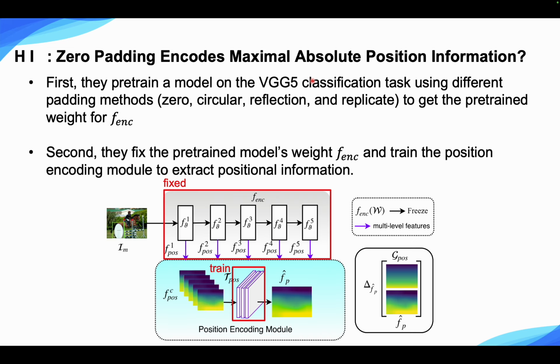The method is that they first pre-train a model on the VGG16 classification task using different padding methods like zero, circular, reflection, and replicate to get the pre-trained weights for the encoder here. And second, they fix the pre-trained model's weights and train the position encoding module to extract positional information. Therefore, this experiment aims to compare which padding method can extract the most positional information.